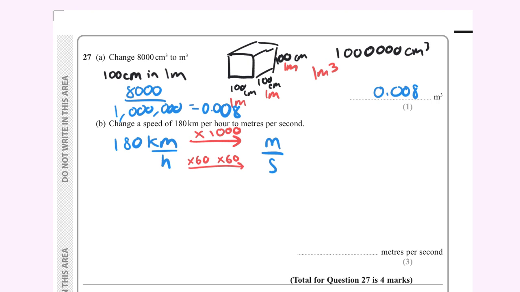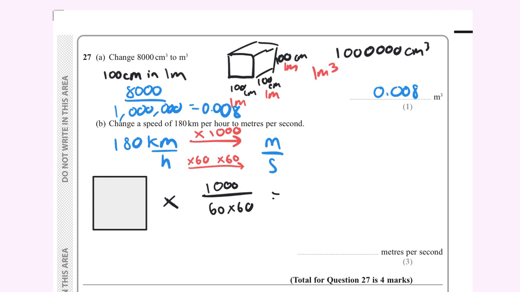So we'll start with 180, and we're going to times that by 1,000 on the top, and then 60 times 60 on the bottom. It's going to look just like that, so we're going to put that into our calculators. If you'd rather, you could ignore the 180 for a moment and just put this in your calculator.